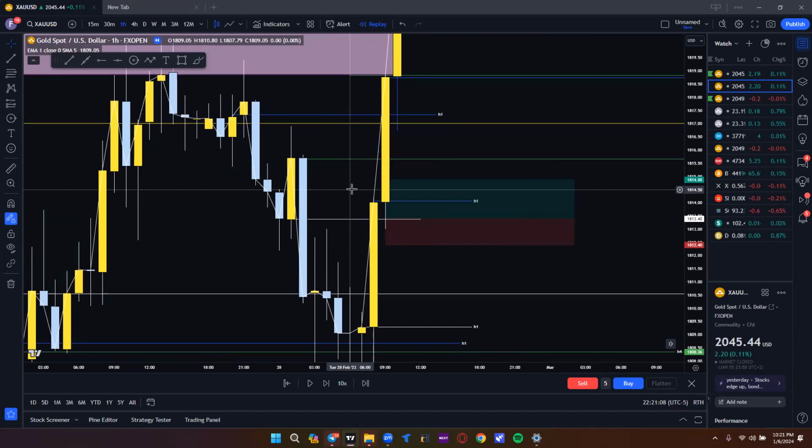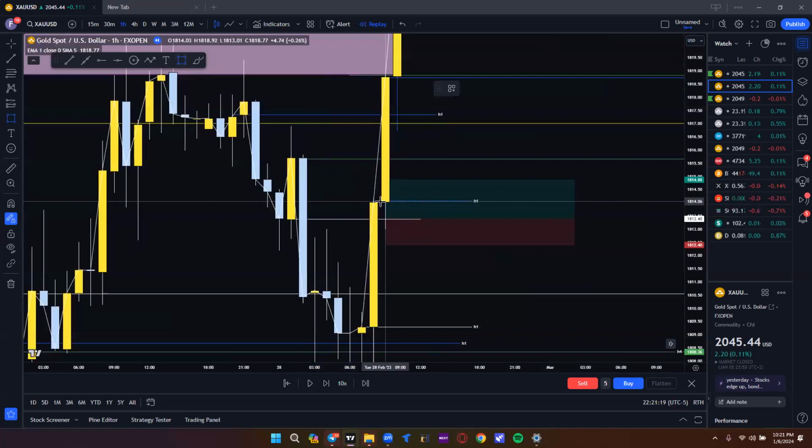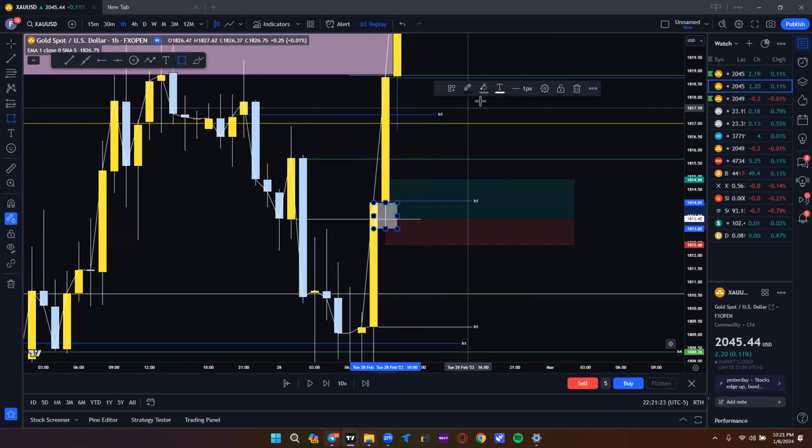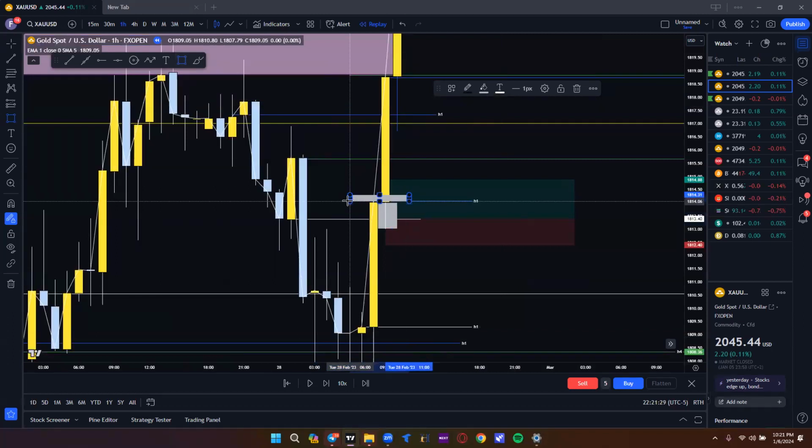You can narrow your bias down to these two levels and say, okay, fine. When this candle closed and then this candle opened and dropped like this, it's actually a full-bodied bearish candle. Let me just make this gray.